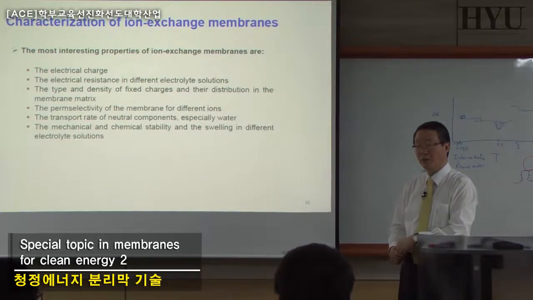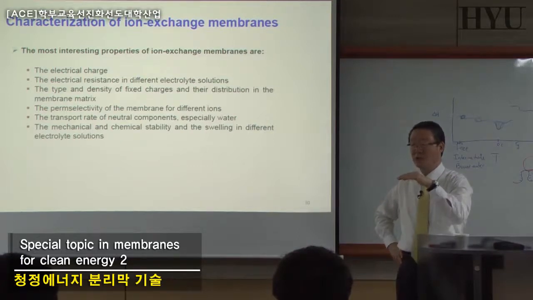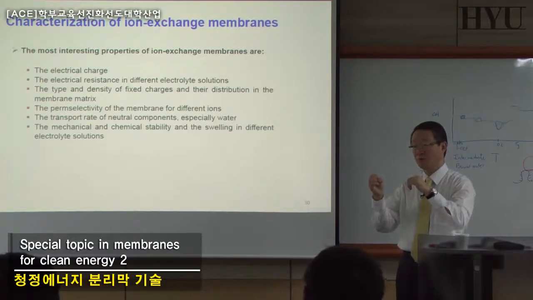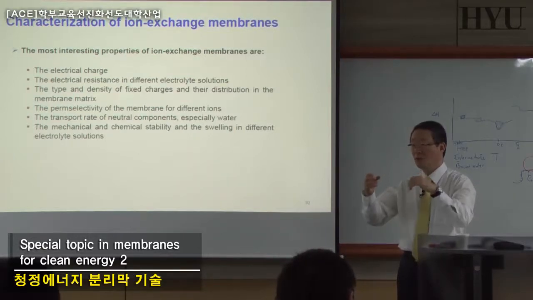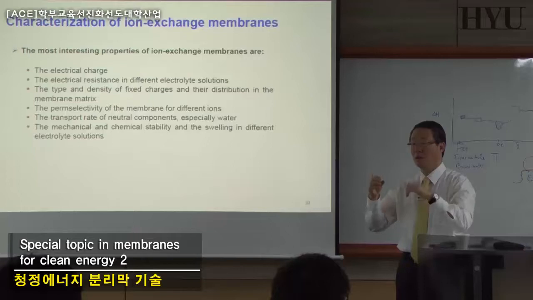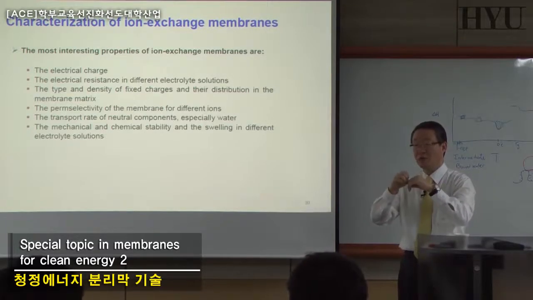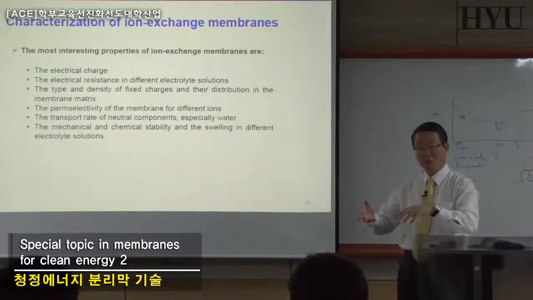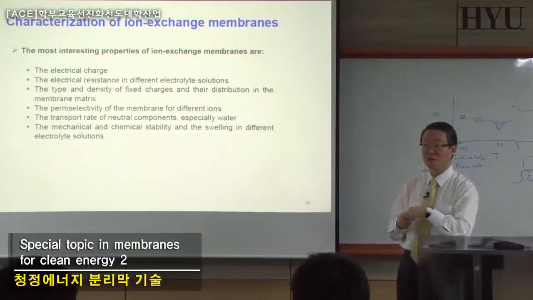If you have a membrane with negatively charged sites, which is called a cation exchange membrane, and if the counter ion is a proton, versus if the counter ion is sodium, it will be different. Okay, the sodium-containing one versus the proton-containing one have different solubility, right? In water, or even in alcohols, or even in organic solvents.